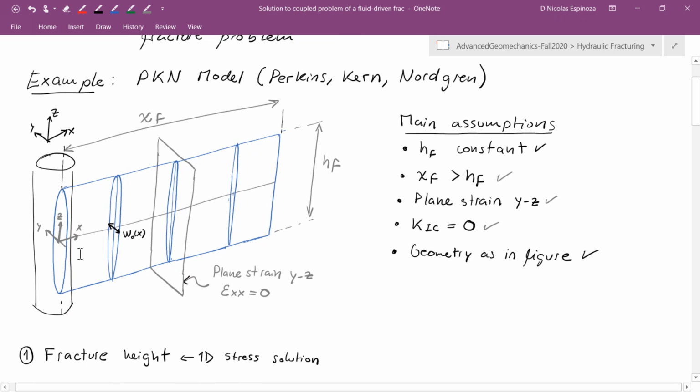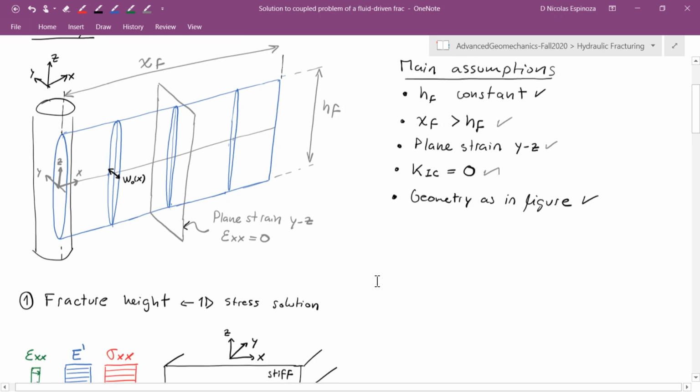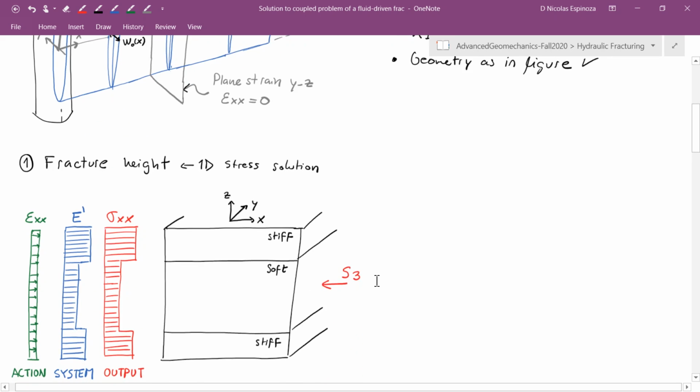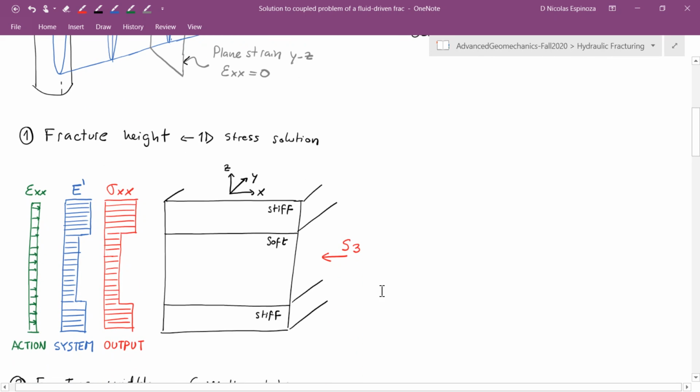All right, the first thing that we're going to do is to determine the height. This is not really part of the PKN model, but just to close the discussion about fracture height, let's just talk briefly about that. Usually the way we will determine the fracture height is by analyzing the stresses in situ and looking at the variations of horizontal stress as a function of depth.